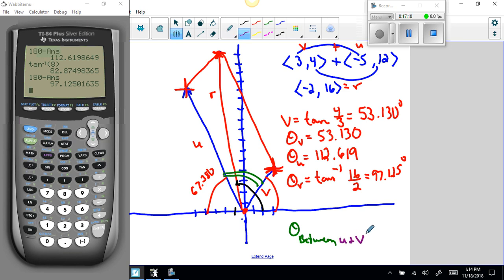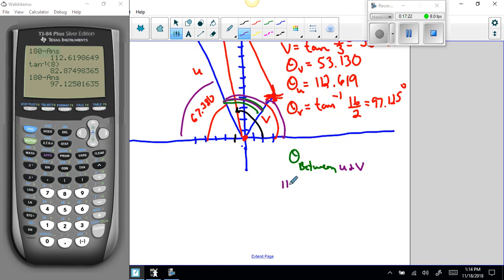Since you know this angle is 67 and you know this angle is 53, you could just add them up and subtract from 180 and you could find that. But we're in luck. There's a formula that speeds things up. So theta is inverse cosine of u dot v over the magnitude of u, magnitude of v.